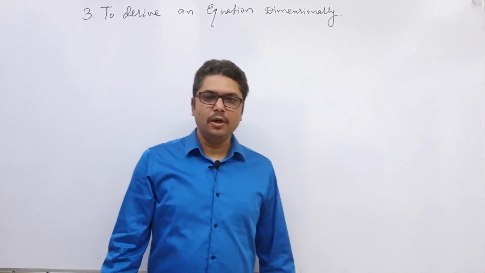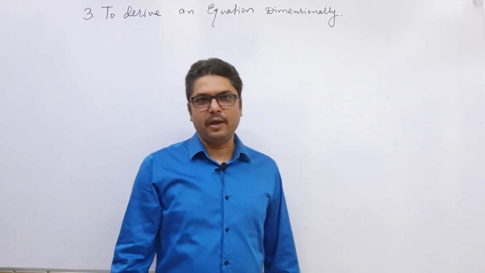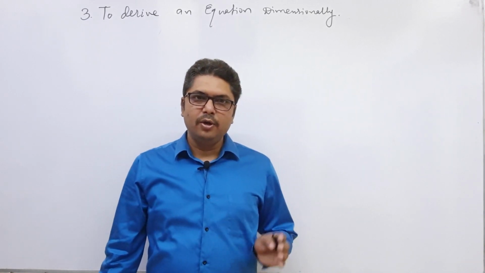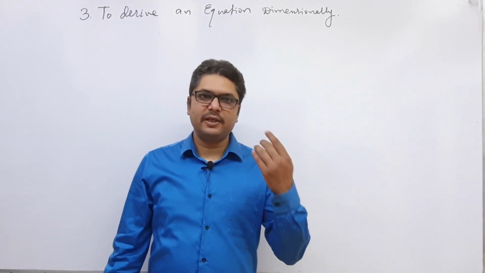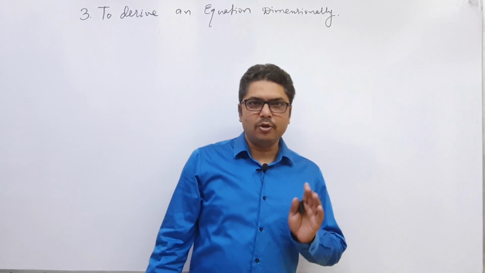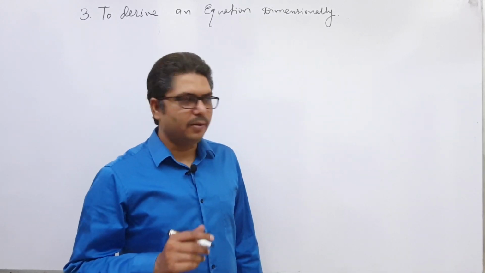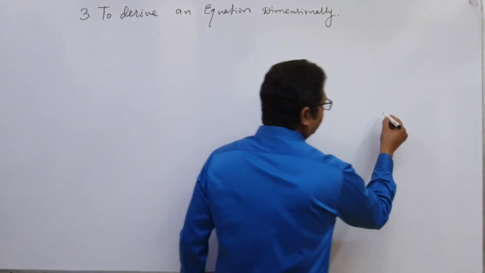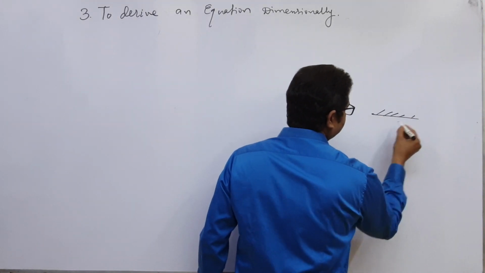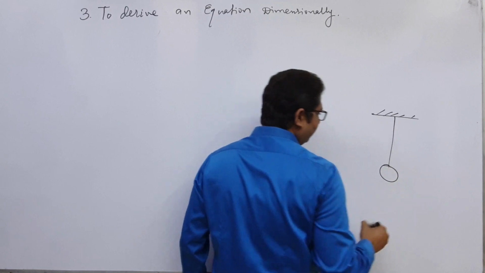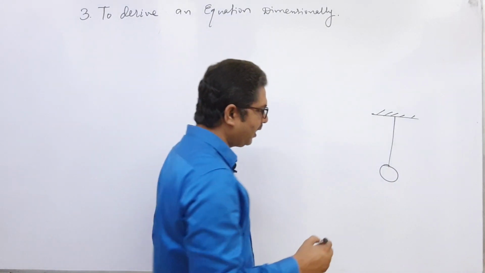Number third is to derive an equation dimensionally. Student, to understand this, I will give you an example. Suppose I talk about time period of simple pendulum. So what is a simple pendulum? This is a device known as simple pendulum. A simple pendulum has mass m.